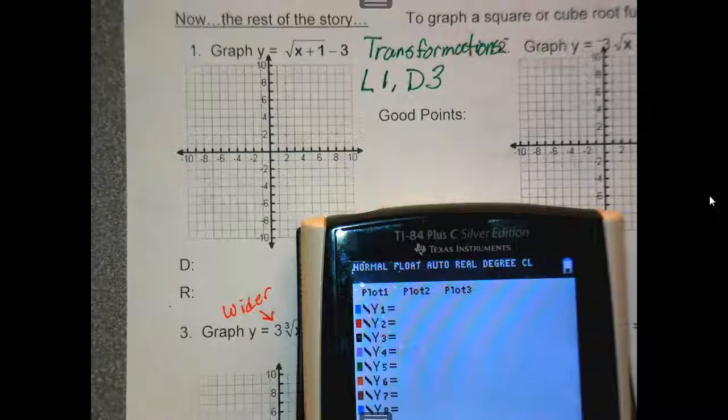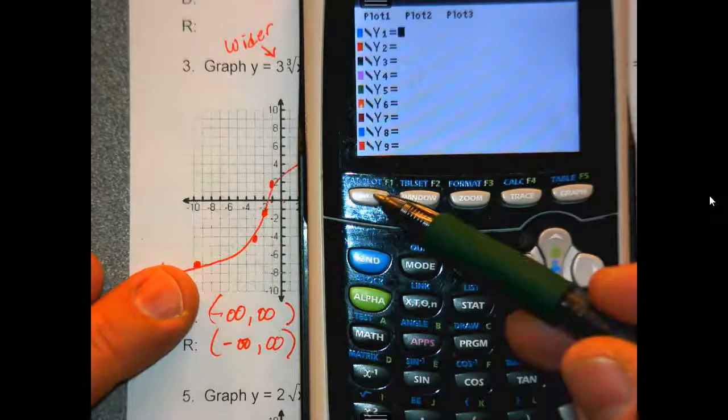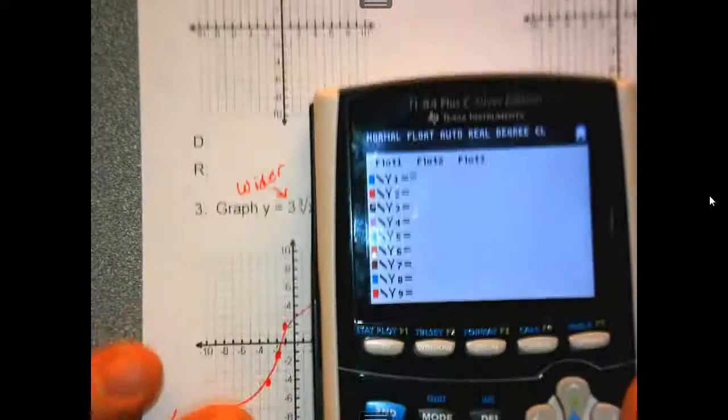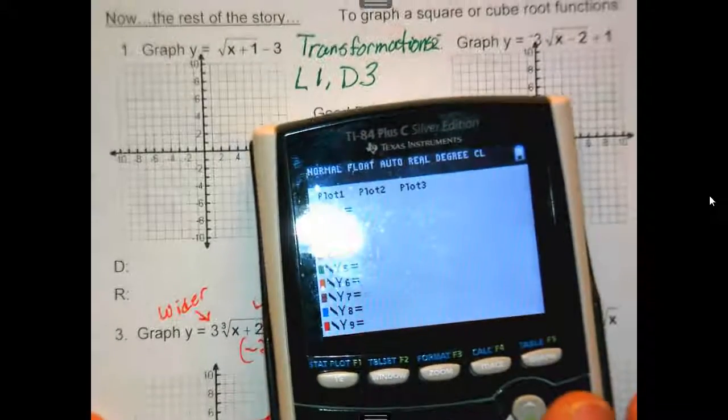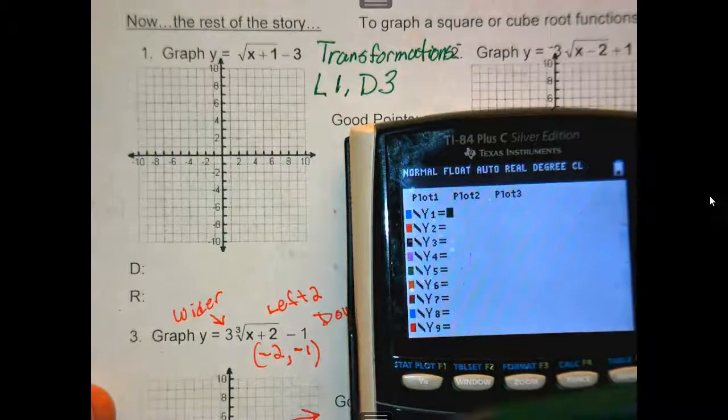Here, you know what? Just hit the Y equals button. This button right there. See that button? Okay. Just hit that button. And we're going to put in, this is the square root, correct? All right, so the square root, I'm going to hit the second key. And the x squared, see how that square root is up there? Symbol.